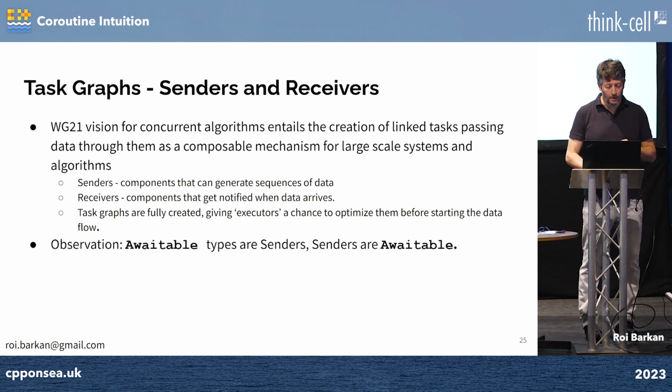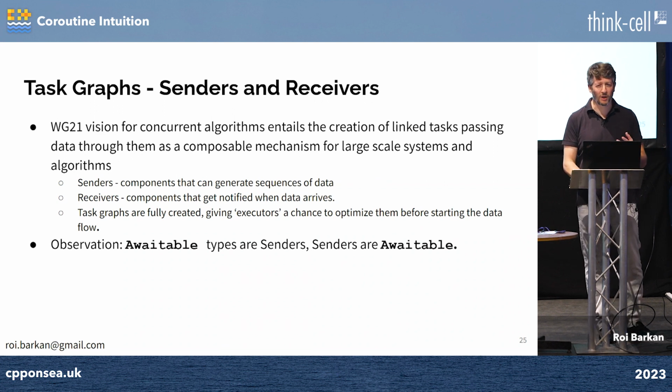And the observation there that was made is that senders and awaitables are very, very similar. They have a lot in common, and it can be quite easy. And in fact, the current planned proposal for senders and receivers in C++ would basically be able to automatically, interchangeably work with awaitables and coroutines as well as with senders, regardless, because the basic notion of waiting for a value to come in, passing a value out, exists in both concepts.